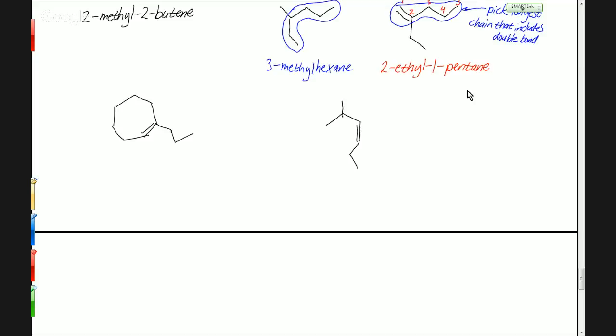Have any names for these yet? They're a little tougher because the double bond is thrown in there, but the procedure is the same.